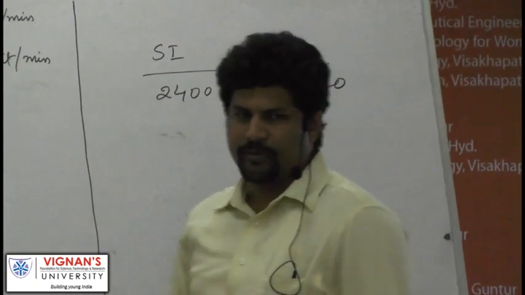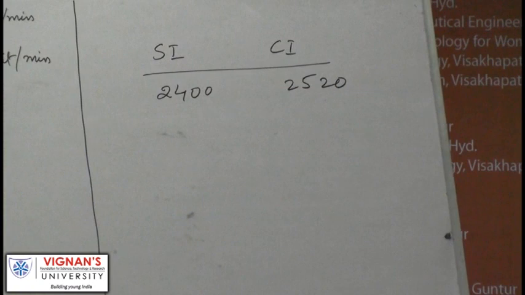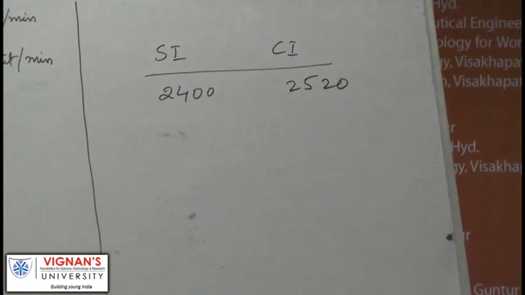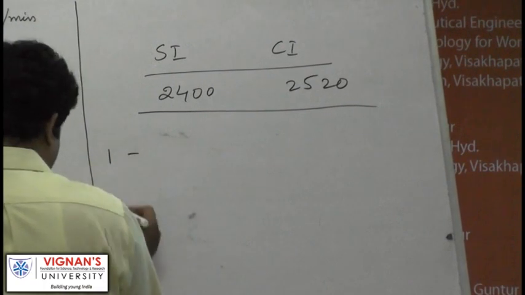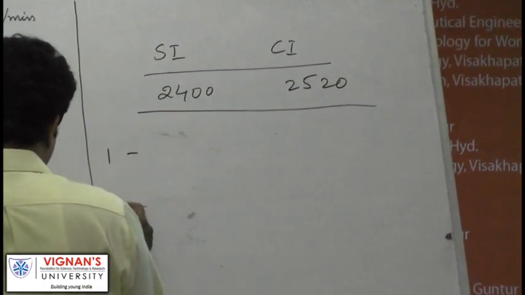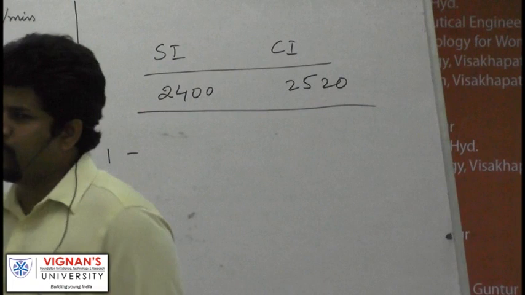Now see, simple interest for two years is 2,400. It is for 2 years. Now, first year and second year. Is there any difference in simple interest?